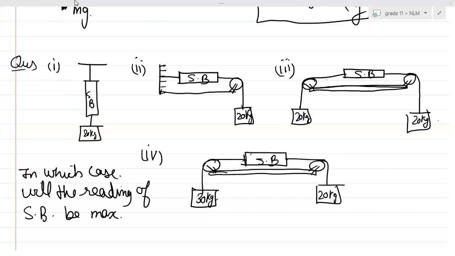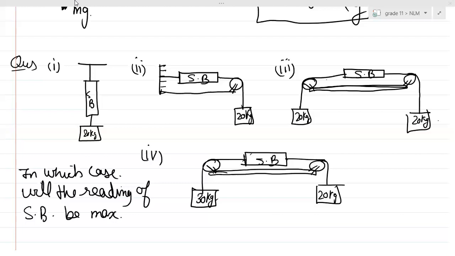Is it 200? 200 newton is basically the tension, right? Divide the tension by g. So will you get 20 again? Yes, sir.